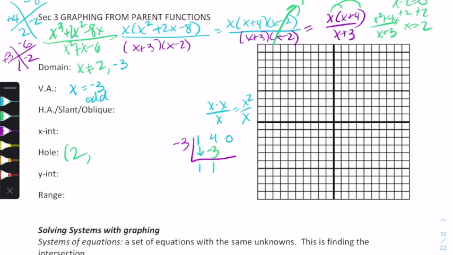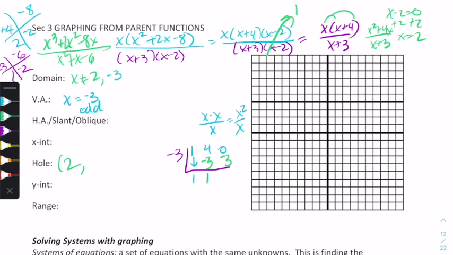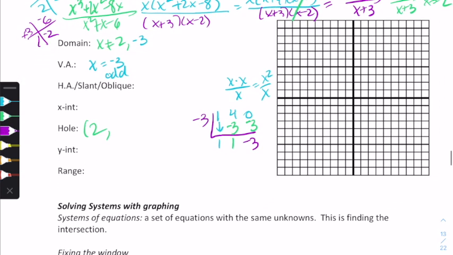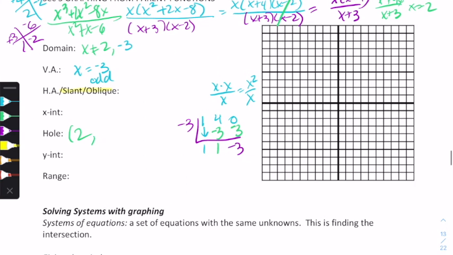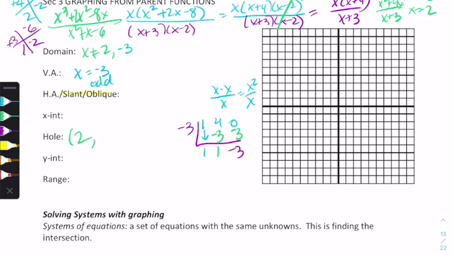And then we do -3 times 1 is -3, and then we add straight down, so that gives us -3. Again, we're not caring about the remainder because we don't on our slant asymptotes. Remember, this will be slant or oblique since the top was a higher power. So then that gives us that our equation for our slant is y equals, it'll be 1 power lower than our squared, so 1x plus 1.